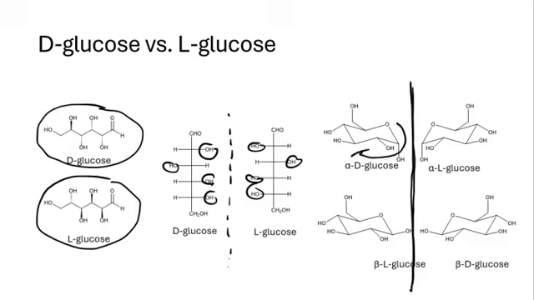So instead of counting clockwise here, I'm counting counterclockwise here. Now, all this will make more sense when we get to the next video and I start numbering the carbons and talking about how do we draw from one to the other.